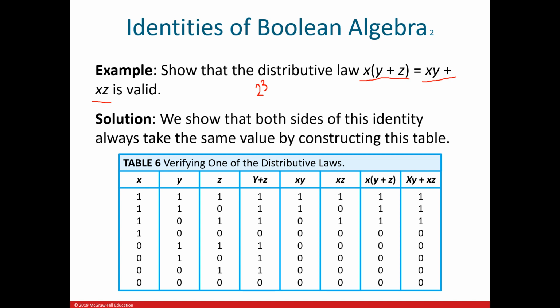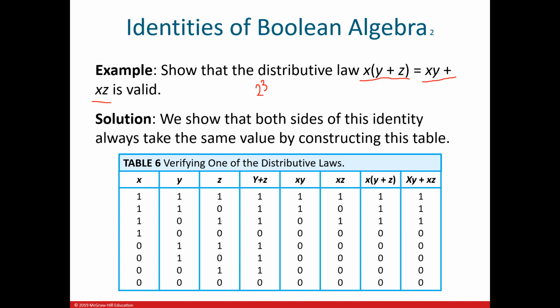So you can see this y sum z. And then we want to have the product with x, and we can see that the first 3 rows will be 1 and all the remaining rows will be 0, because in all other rows at least one of them is 0.